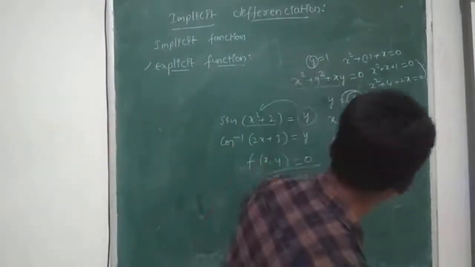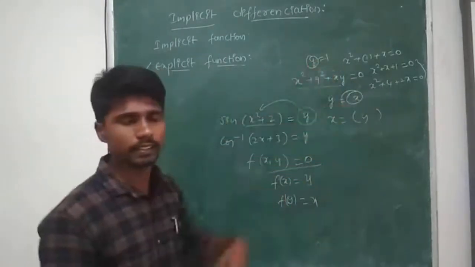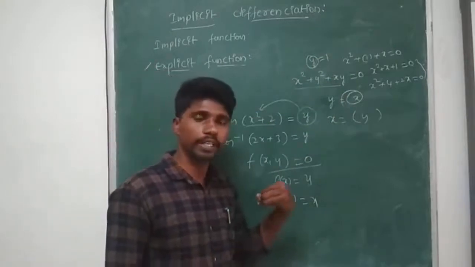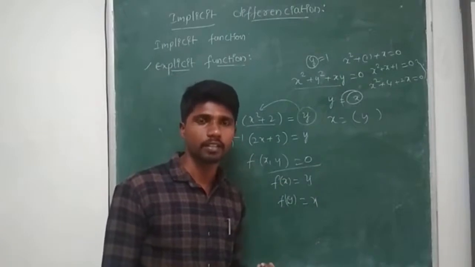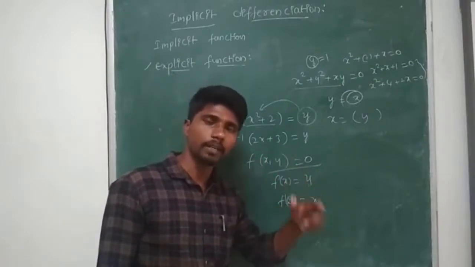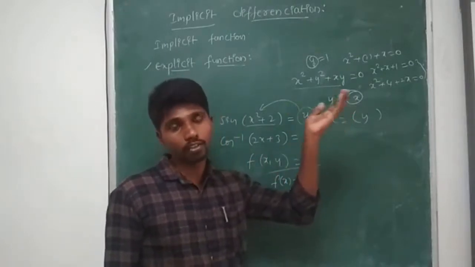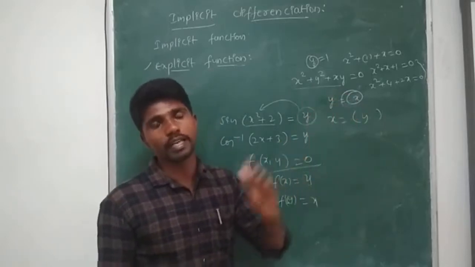Now, what we discussed in this particular case, even if we are not able to express x in terms of y or y in terms of x, the value of x depends on y or the value of y depends on x.